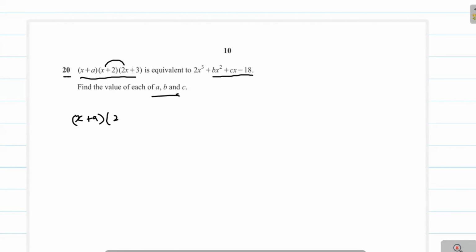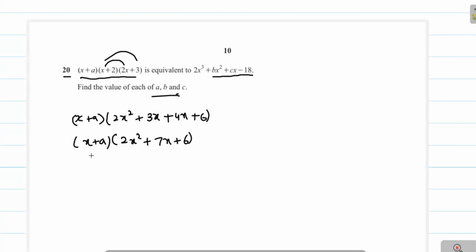We get 2x squared plus 3x plus 2 into x, 2x is 4x, plus 2 into 3 is 6. We can write this 2x squared plus 7x plus 6 into x plus a.